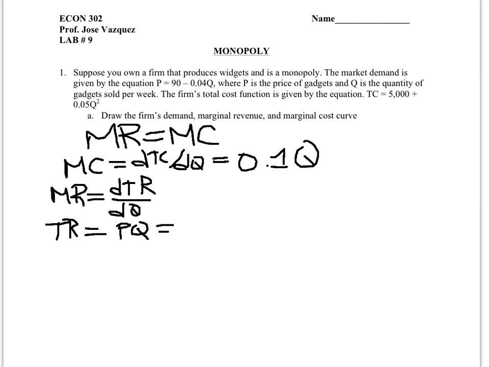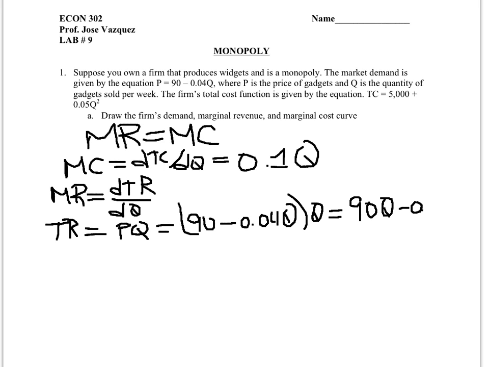We know that price is 90 minus 0.04 Q. So that times Q is going to be equal to 90 Q minus 0.04 Q squared. And that's the total revenue equation, and all we have to do now is take the derivative of that equation to find marginal revenue.